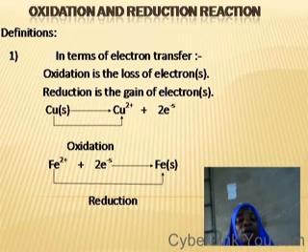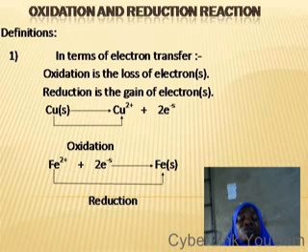Today, we are going to be looking at the oxidation reduction reaction, which is also known as redox reaction. The redox is gotten from the first three letters of reduction and the OX of oxidation. They come together to form the redox reaction.